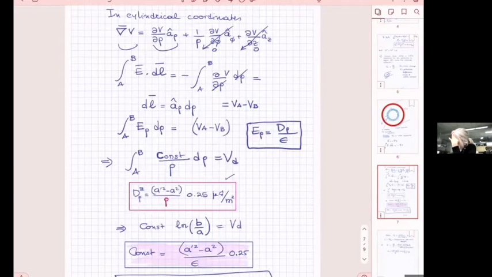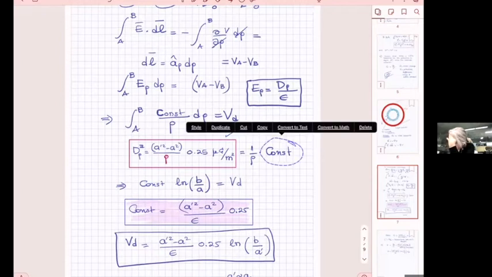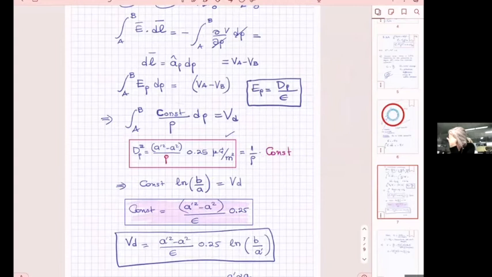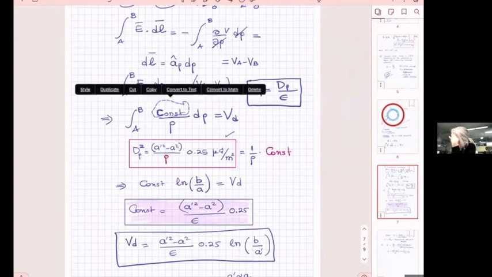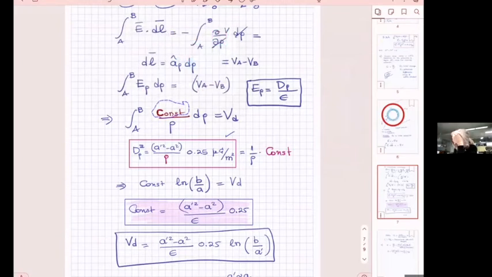All right, so practically I made it equal to 1 over rho times a constant to simplify things that I placed here. Okay, so this one is the same with this one. And is the same with this one.